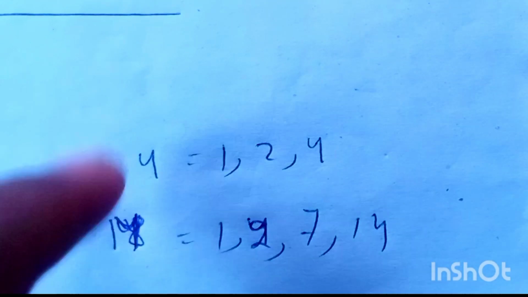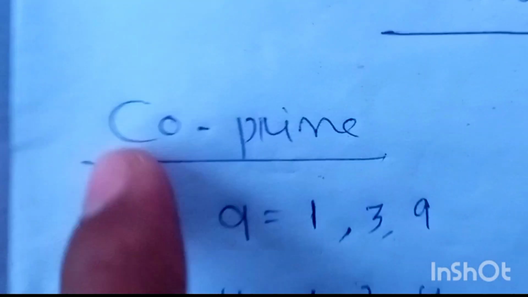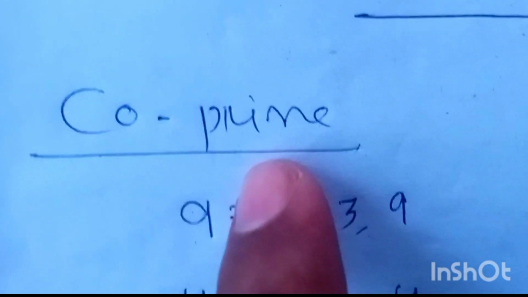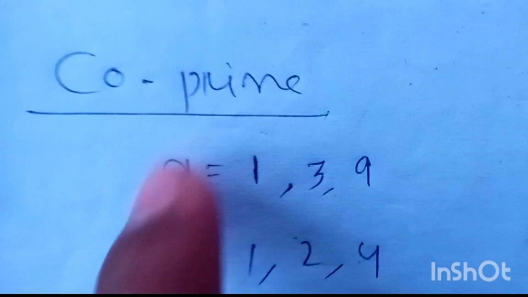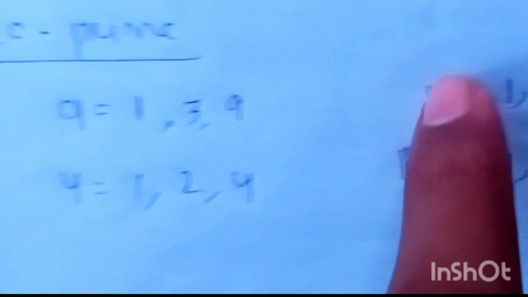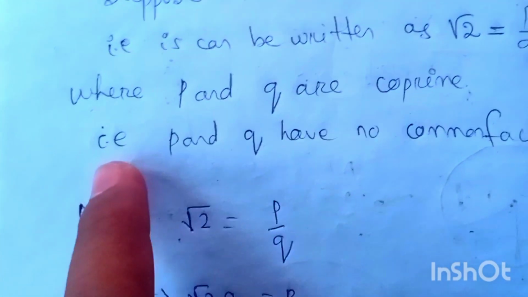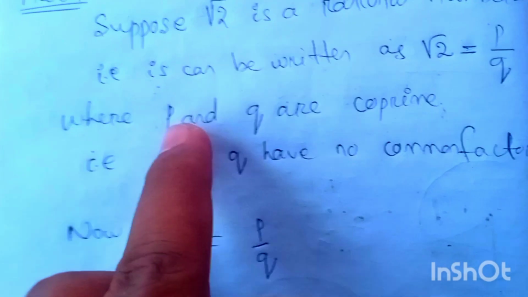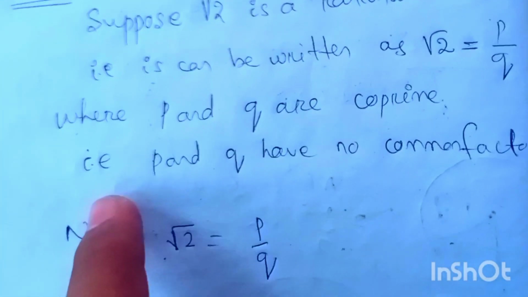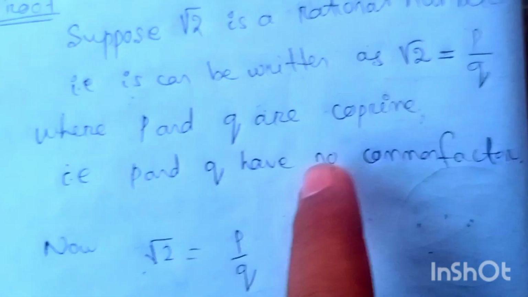So we can tell that 4 and 14 are not co-prime. So 9 and 4 are co-prime, but 4 and 14 are not co-prime. Now see, where p and q are co-prime, that is p and q have no common factor.